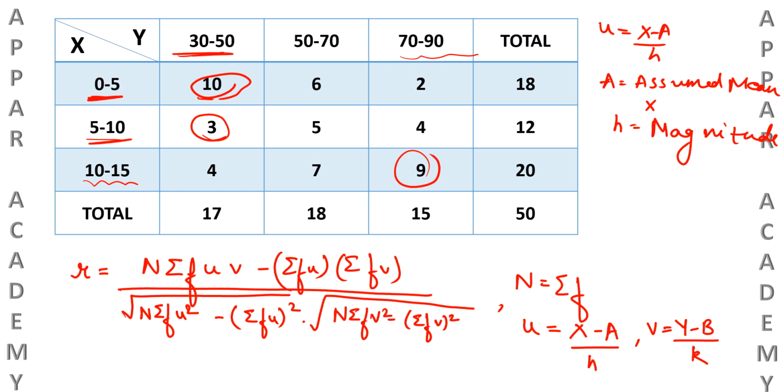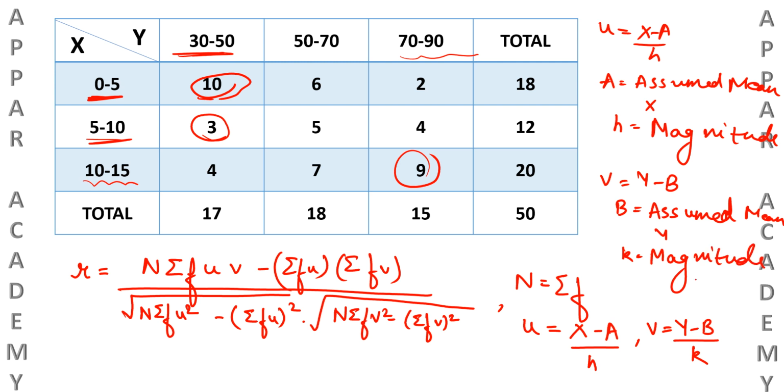This is something we have been using in finding all the measures in our previous videos also, like standard deviation and variances; everything uses this u and v just to reduce the calculation size. Similarly, v is equal to y minus b, where b is the assumed mean for y, and k is again a magnitude that simply reduces the magnitude of this data.